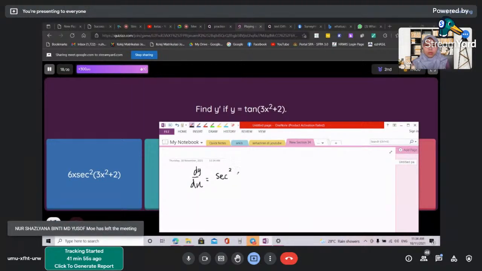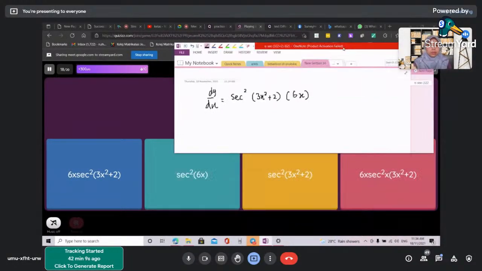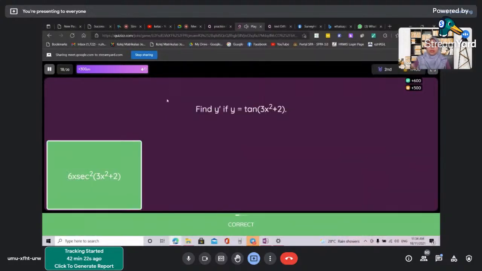So secant square of (3x square plus 2), and then you need to differentiate the angle, so 6x. Okay, so the answer will be the first. Okay, the first.